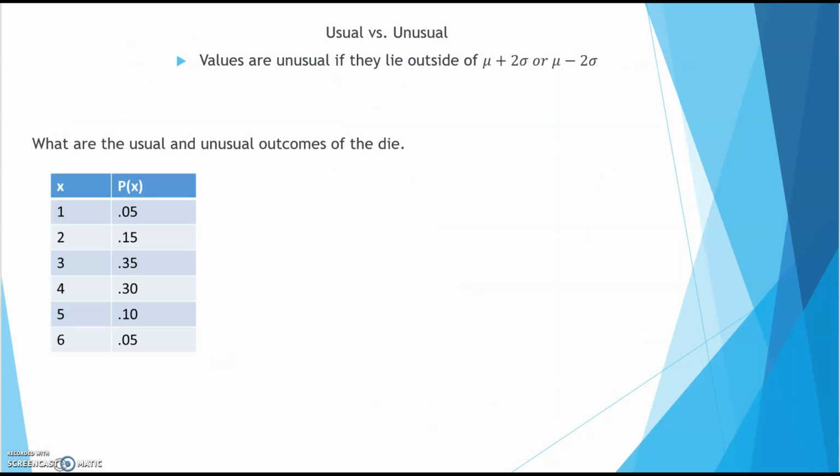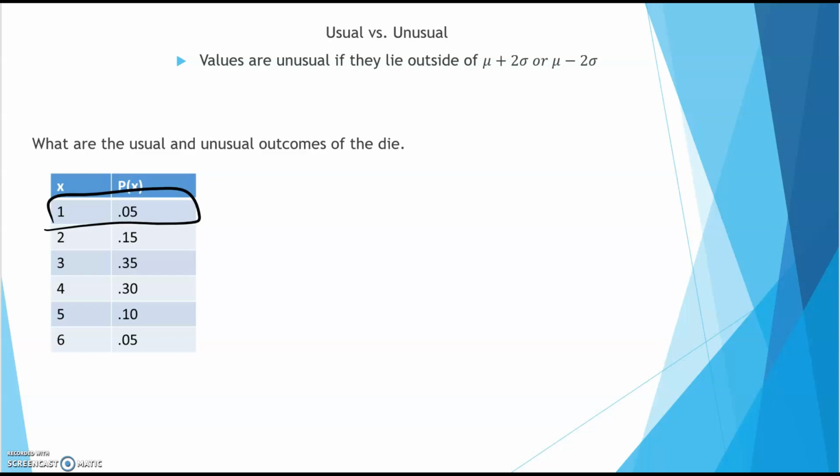Now we're going to look at this probability distribution and we're going to see, well, which values are usual and which ones are unusual for this die. So I'm going to look at the probabilities and see if any of them are equal to or less than 0.05, which I have one right here.